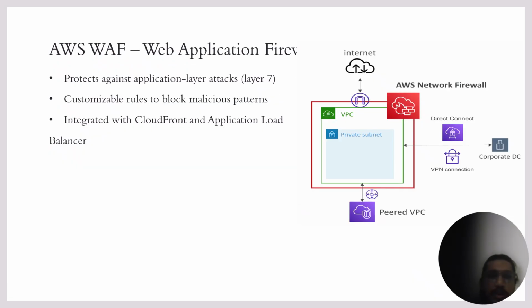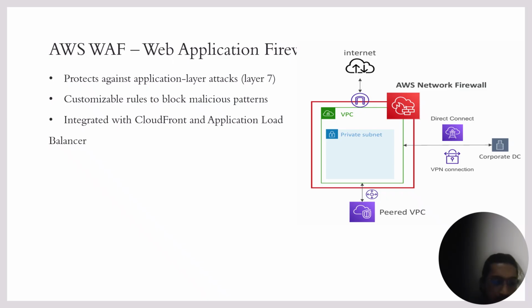Okay, now let's talk about the AWS Web Application Firewall, also known as AWS WAF. AWS WAF defends against layer 7 DDoS attacks, the kind that target your web applications directly.